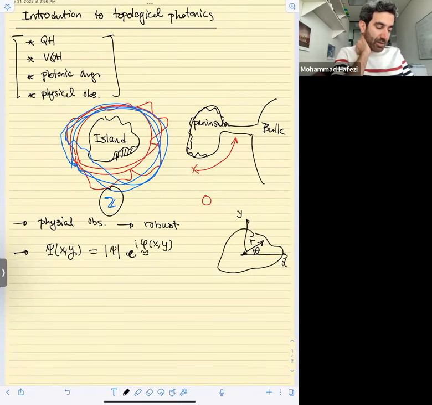So the phase of this can have interesting points. In particular, if you're solving Maxwell's equation in a two-dimensional system, you get solutions e to the i m theta, where theta is the polar angle. m can be plus or minus. And those basically tell you how many times your wave function winds when you go around the zero of your system.